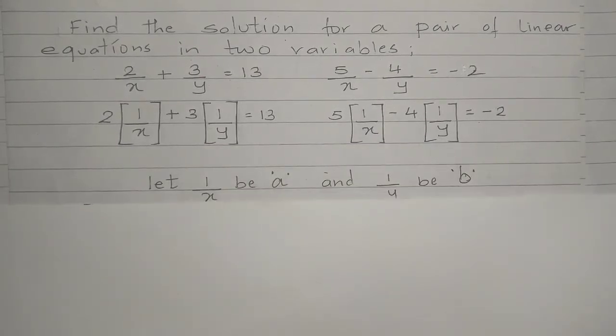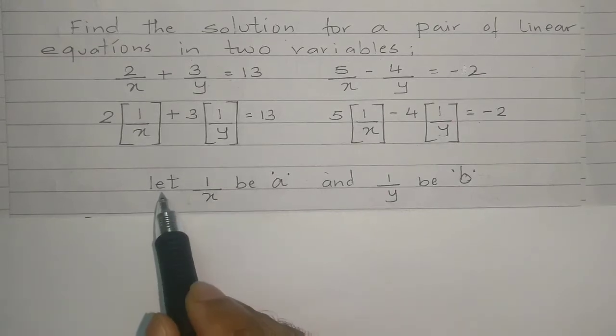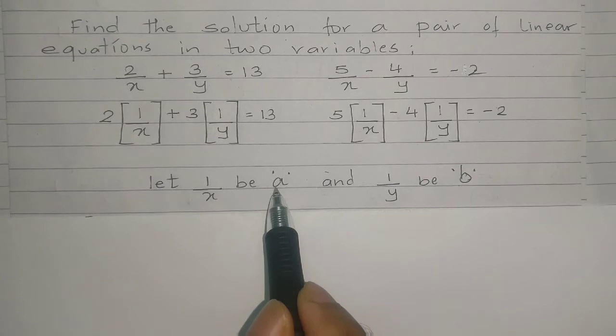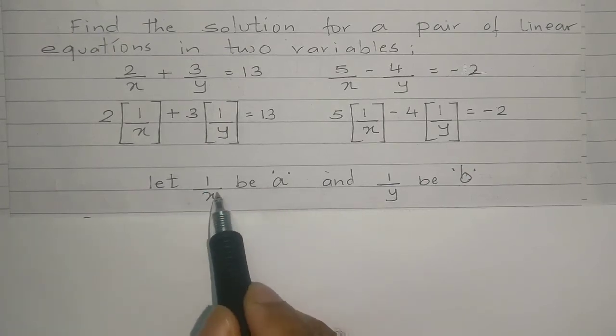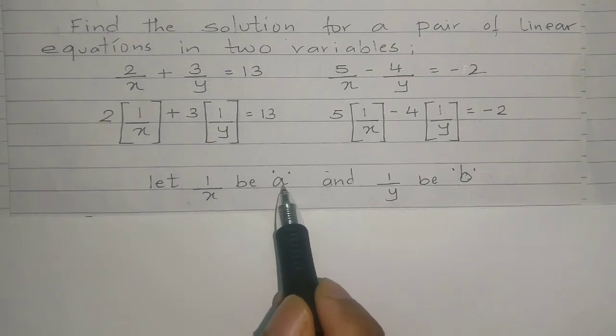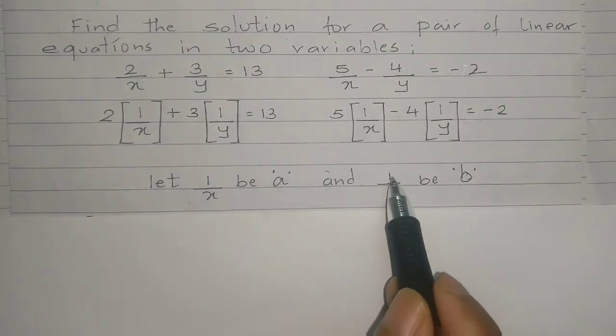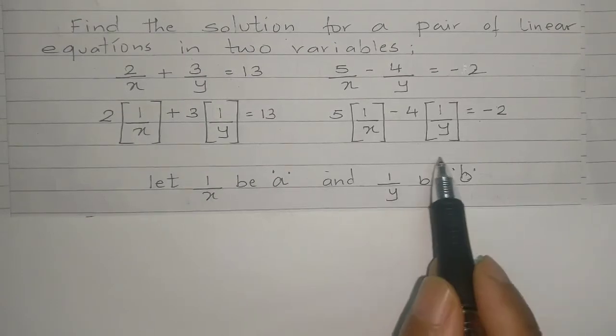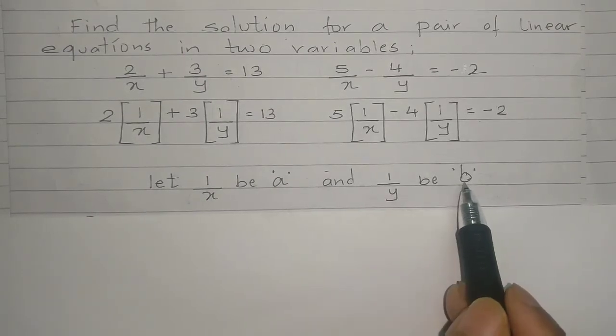I will say, let 1 upon x be a. Now I have given this 1 upon x a new name and I have called it a. And like that, I have given this 1 upon y another name, which is b.